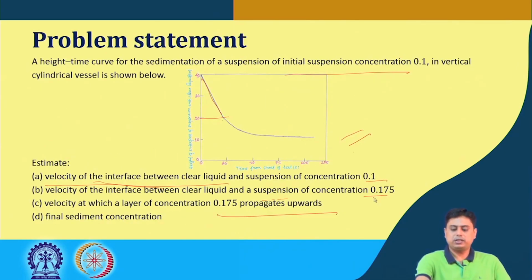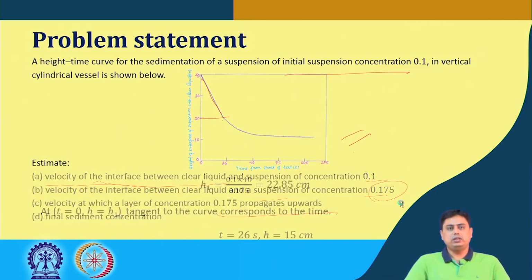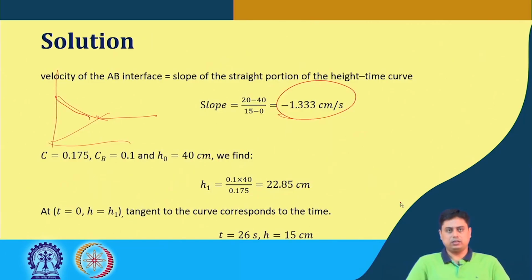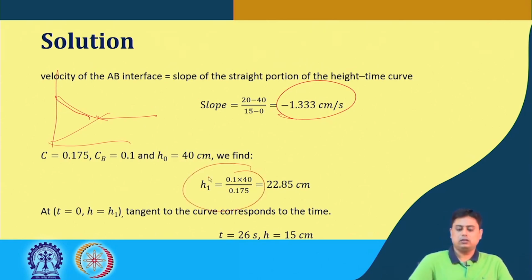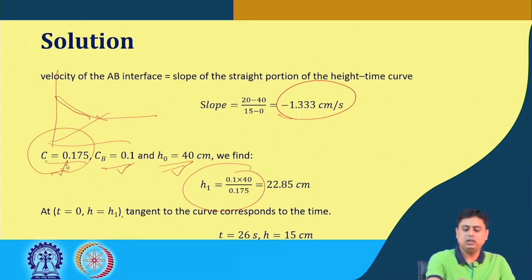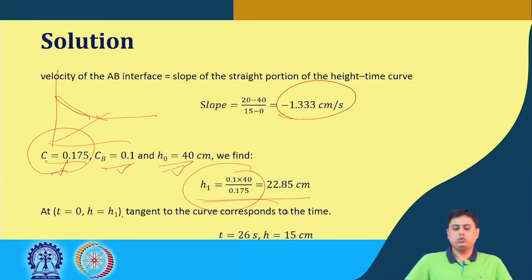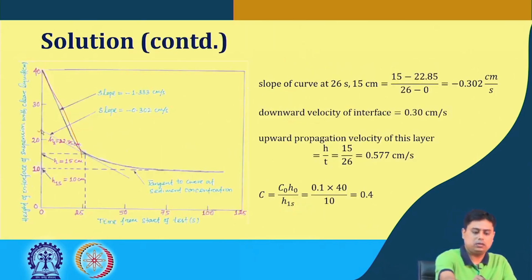Now, the concentration is mentioned as 0.175. We have to find the velocity of the interface between the clear liquid and this suspension. In this case, we first have to find H1. How do we find the H value? Because we know this relation, the initial concentration is given and the initial height is given. For this new C, we find H1, that is 22.85, this point.